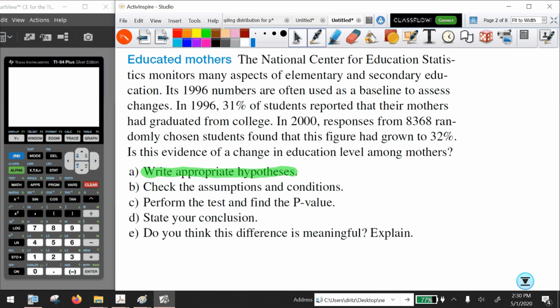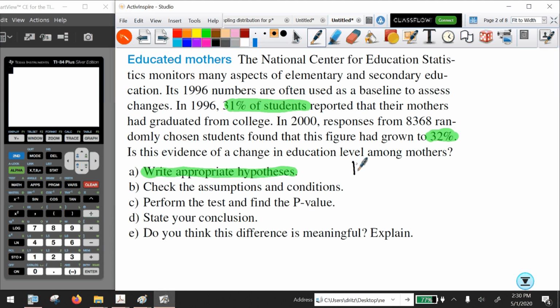The hypotheses that we're going to use here are, is it still 31% of students whose mothers graduated from college, or did it in fact change from that number? So we're going to state that using the notation for null and alternative hypotheses that is presented in this chapter.